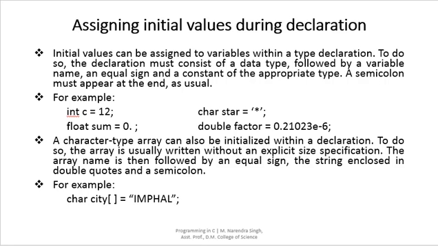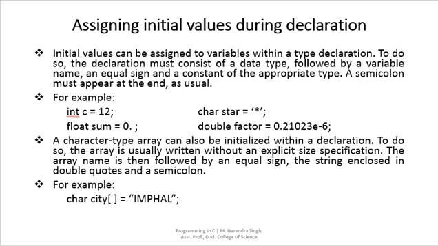The next statement double factor = 0.21023e-6; declares that the variable factor is of double floating point data type, and at the same time the variable factor is being assigned the initial value of 0.21023 exponent minus 6.